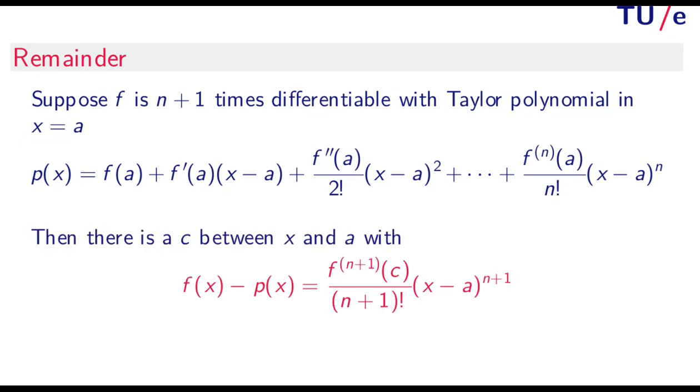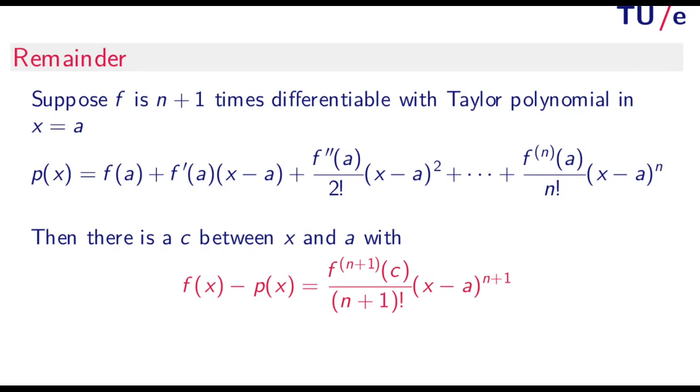Then there is a c between x and a such that the error that we make if we approximate f of x with p of x, so f of x minus p of x, is equal to the n plus 1st derivative of f at this point c divided by n plus 1 factorial times x minus a to the power n plus 1. So here you see how big the error can be.